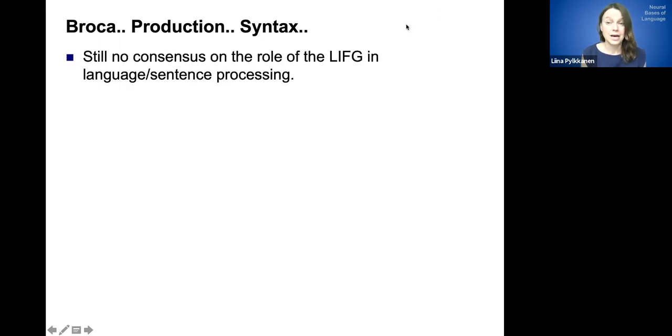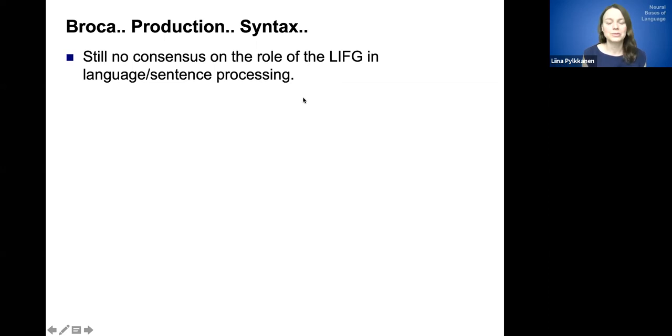Okay, so where does this leave us as regards Broca's area, production, and syntax? Well, I'm sad to tell you that there still is no consensus on the role of the LIFG or Broca's area in language or sentence processing. The role of Broca's area in language has probably been the most heavily debated topic in our field over the years, maybe settling down a little bit right now.